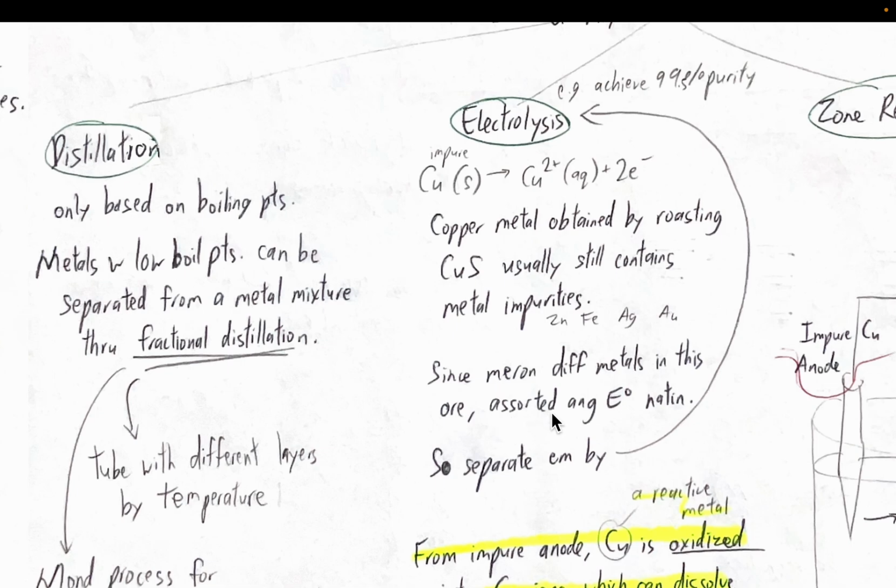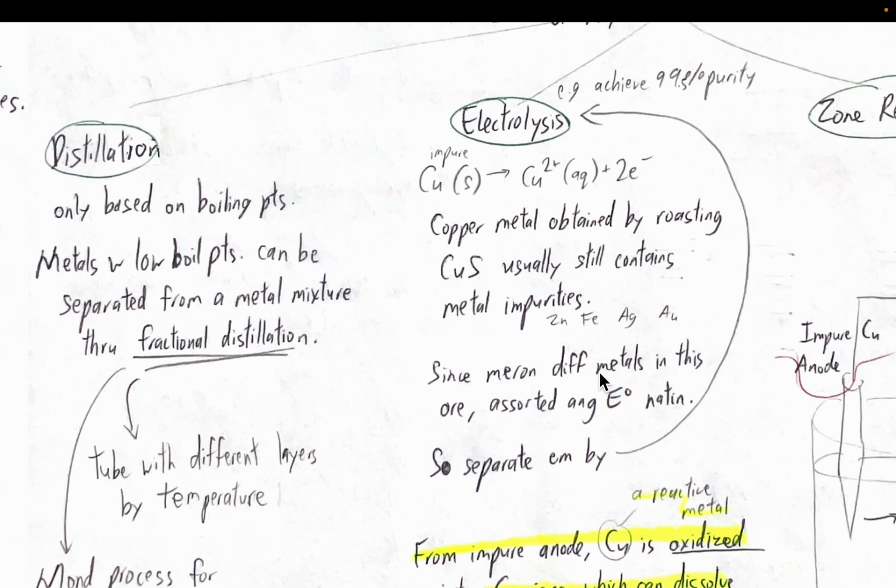So how can you justify that a copper metal is pure when it has various standard reduction potentials? When you say it's pure, there's only one kind of metal in a sample.